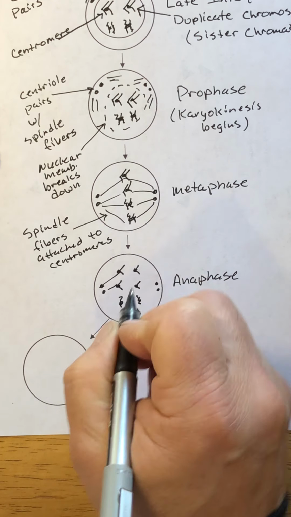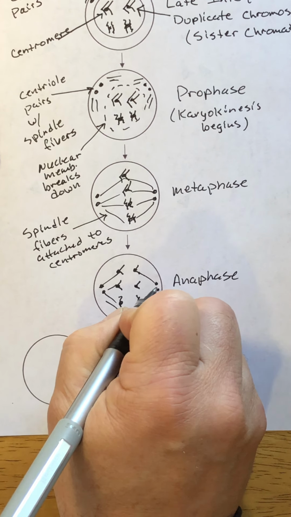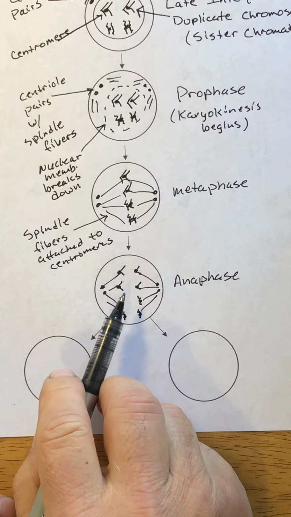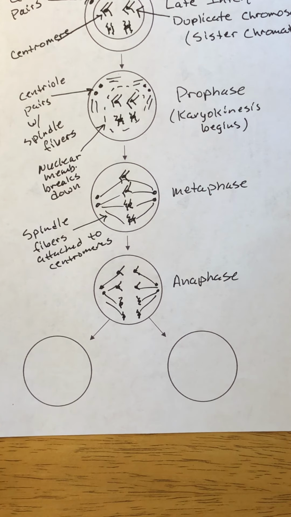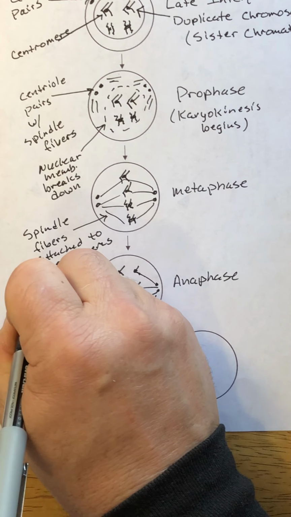Those spindle fibers will still be attached to the centrosomes, and a little piece of that centrosome will stay attached to each of what are now the individual chromosomes as they move towards opposite poles. And so during anaphase, the duplicate chromosomes have separated.